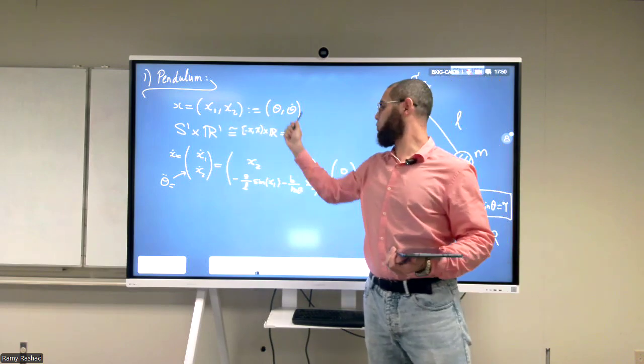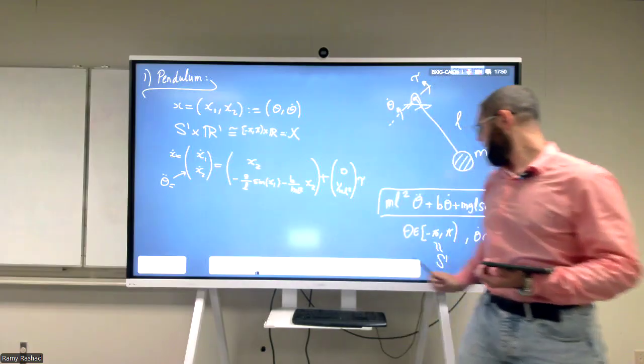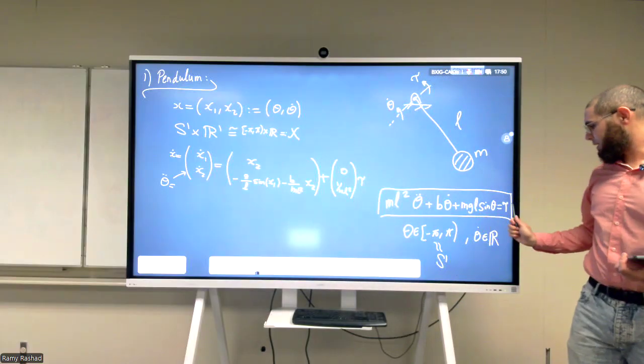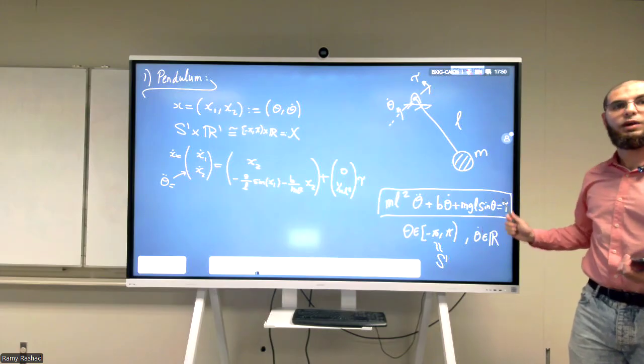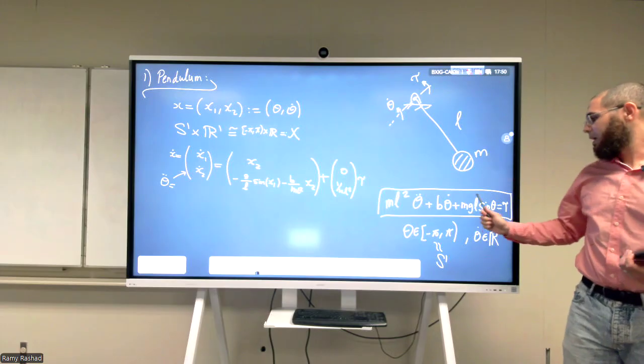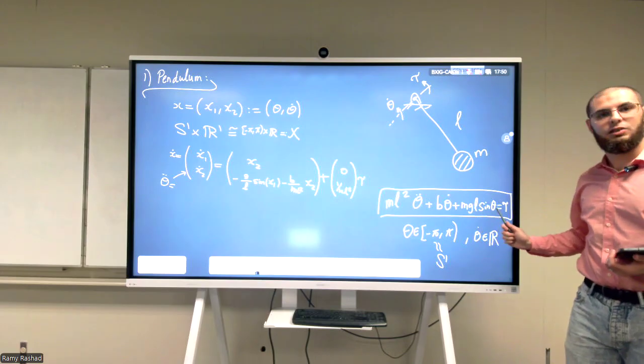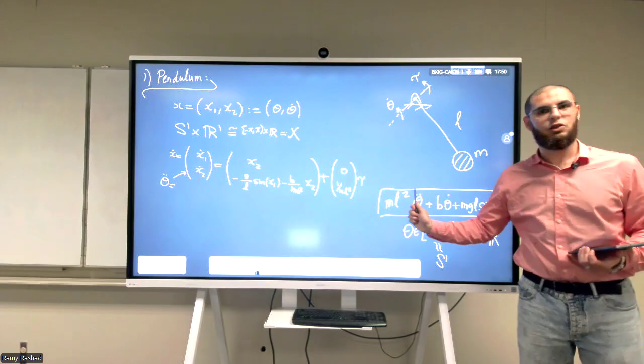We chose x2 to be theta dot. So this is this term. And on this side we had tau minus mgl sine theta, where theta is x1. So I have minus mgl sine x1 divided by ml squared.